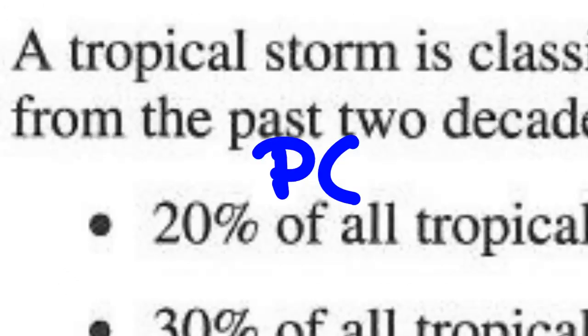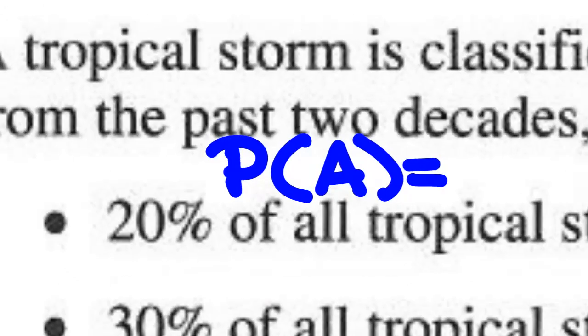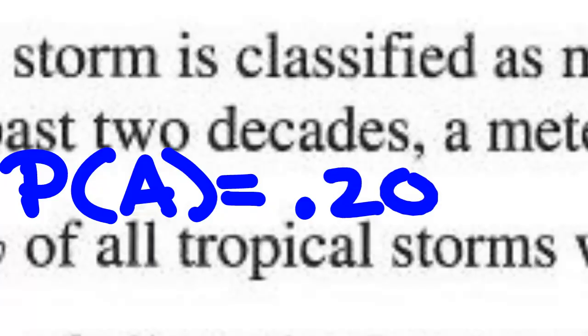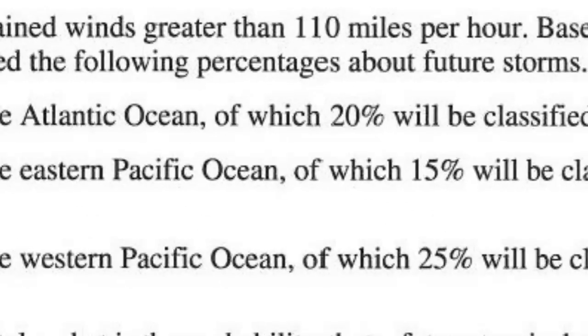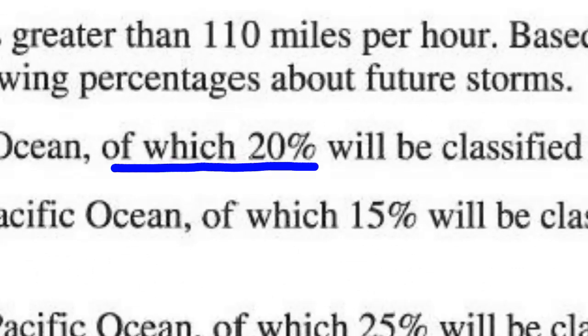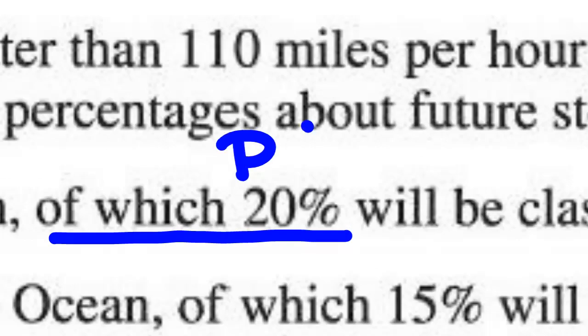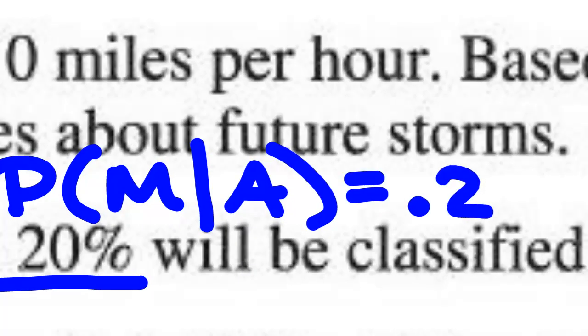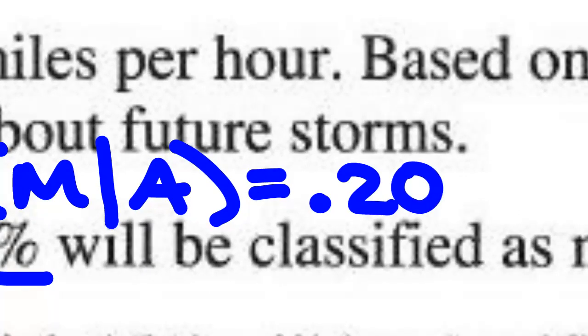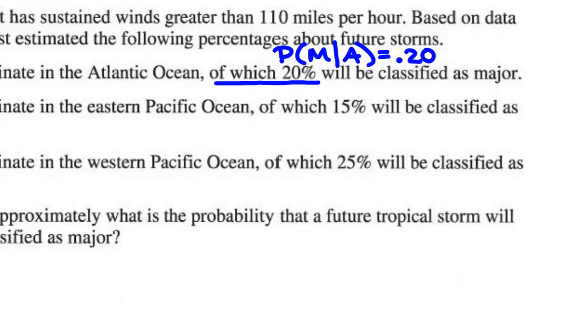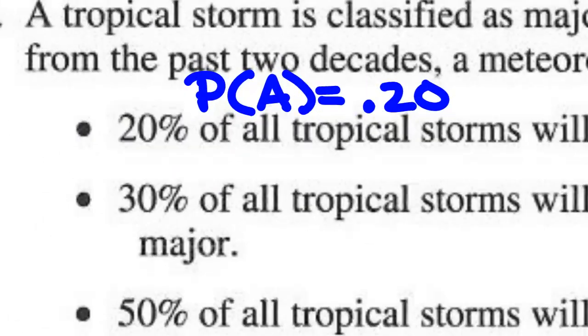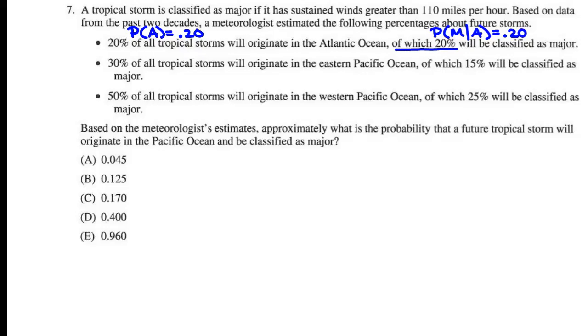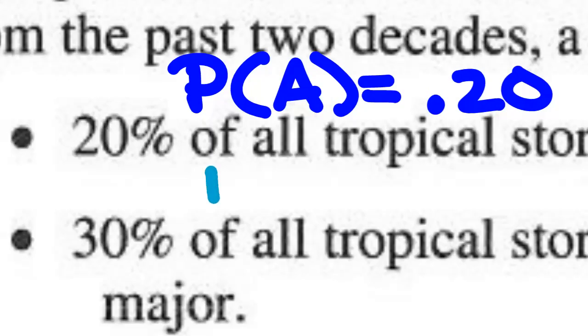So the probability that it's happening in the Atlantic is 0.20. Of which 20% will be classified as major. So it's going to be a major storm, given that it is occurring in the Atlantic, 20% of the time. And then next one down, 30% of all tropical storms will originate in the Eastern Pacific Ocean.